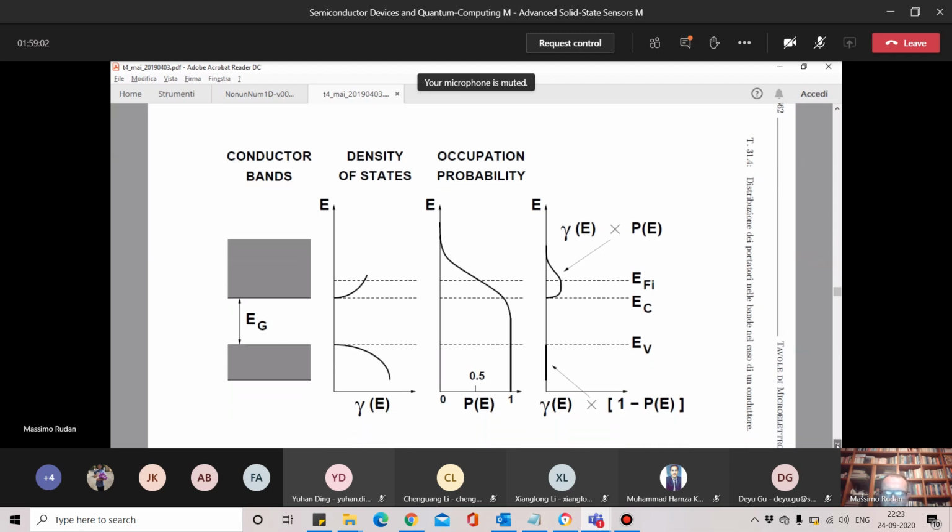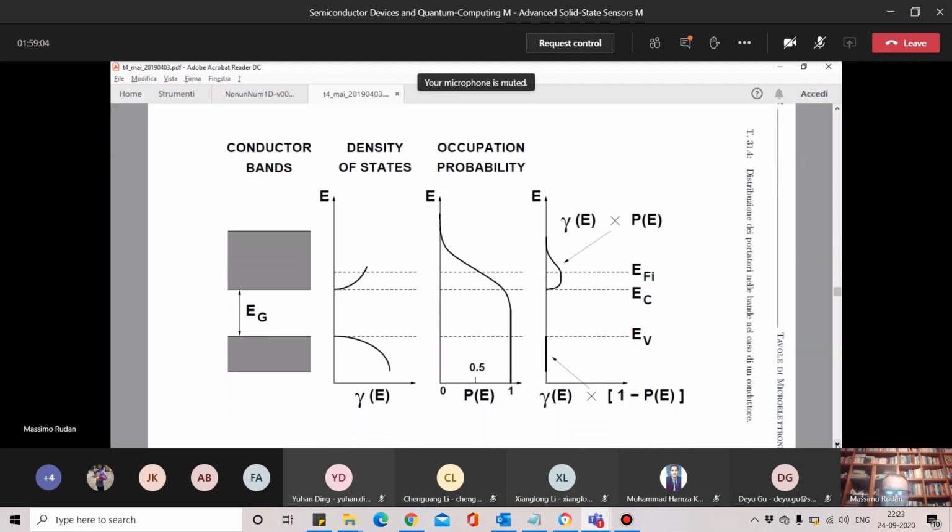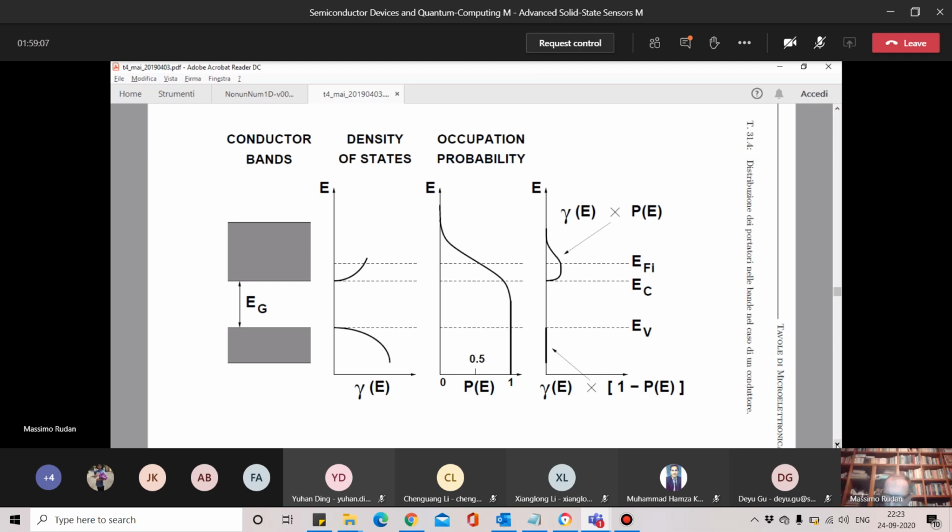What happens if we consider a crystal in the equilibrium condition, and then we combine the structure of the bands and the information about the Fermi statistics?